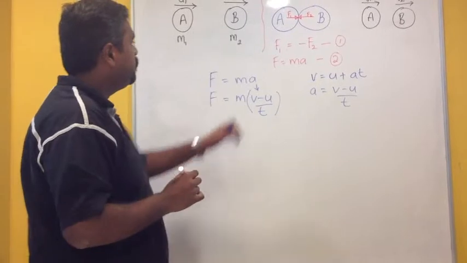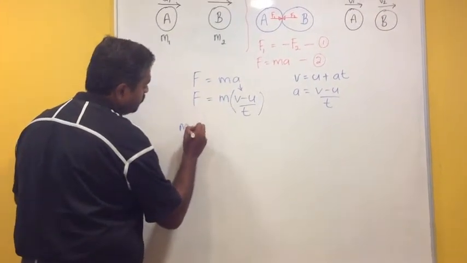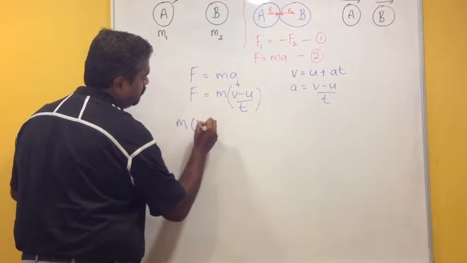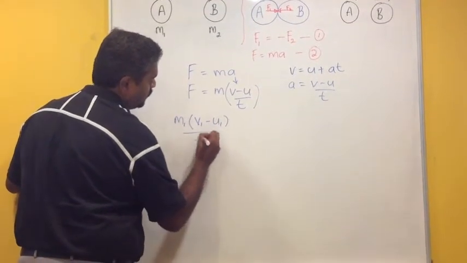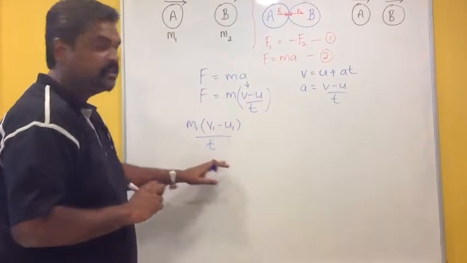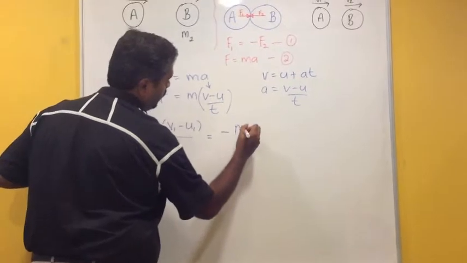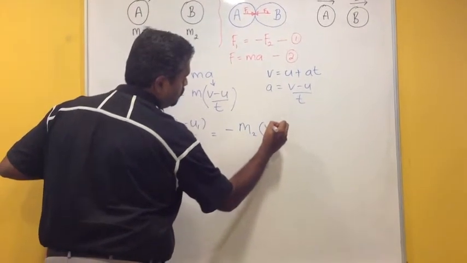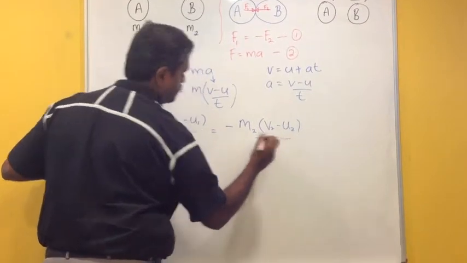Now if we look at F1, then F1 will be m1(v1 minus u1)/t, and this should equal negative F2, which is m2(v2 minus u2)/t.